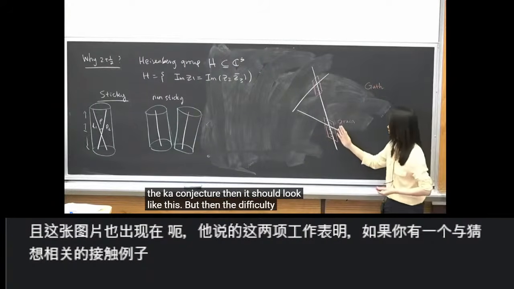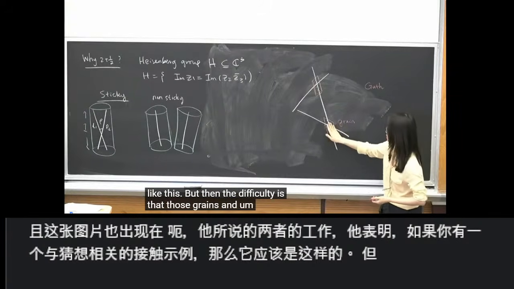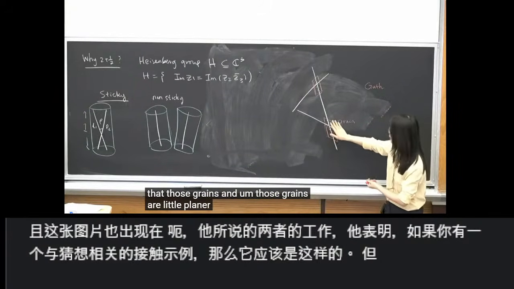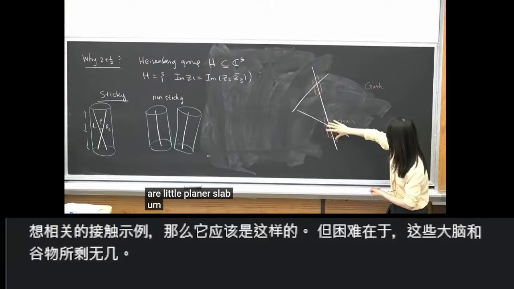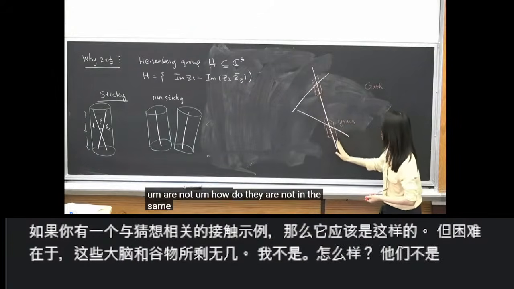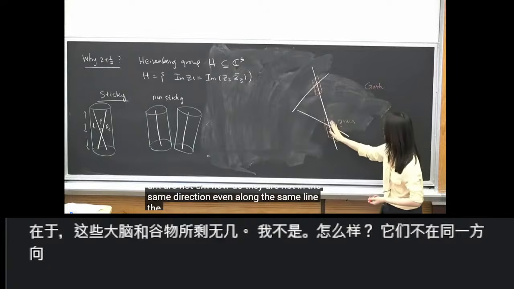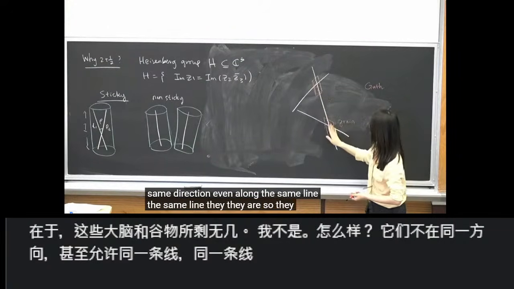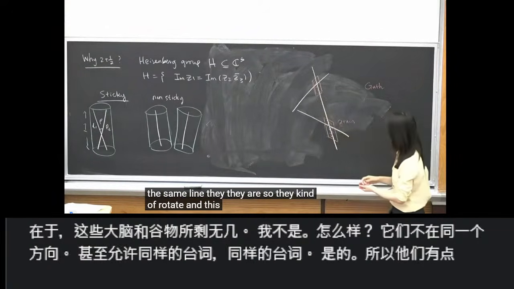But then the difficulty is that those grains, little planar slabs, are not in the same direction, even along the same line. They kind of rotate, and this is the difficulty.